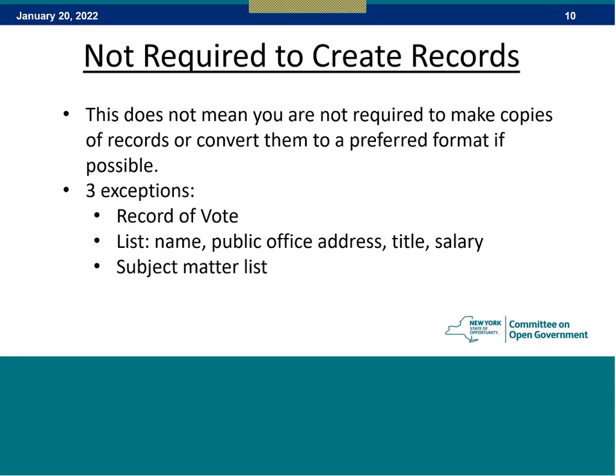This doesn't mean that an agency is not required to make copies of records or convert records to a preferred format if possible. It just means that, for example, if someone sends an email to the records access officer and asks a series of questions about how a public body or an agency came to a certain determination, the agency is not required to answer those questions. It's just about access to existing records.